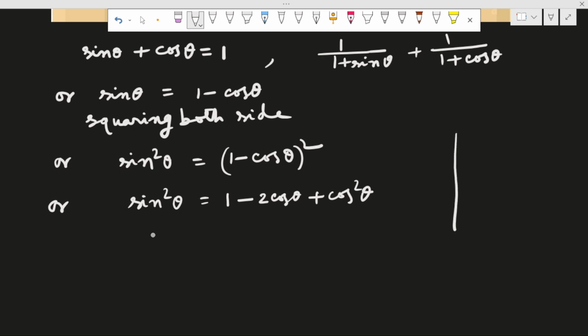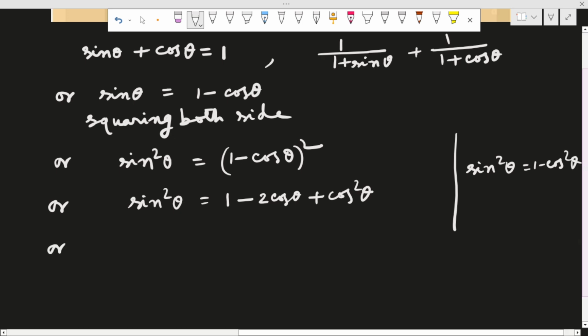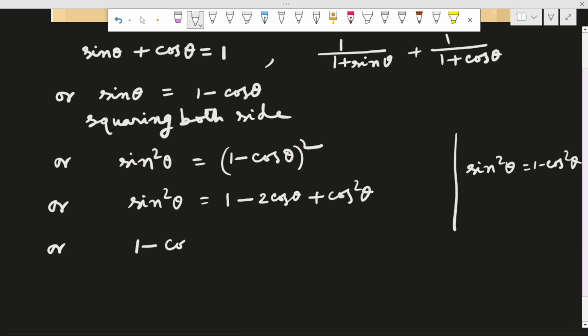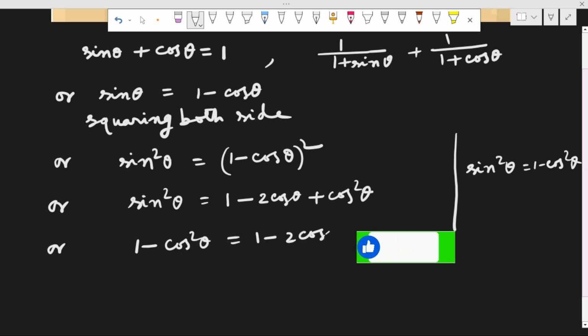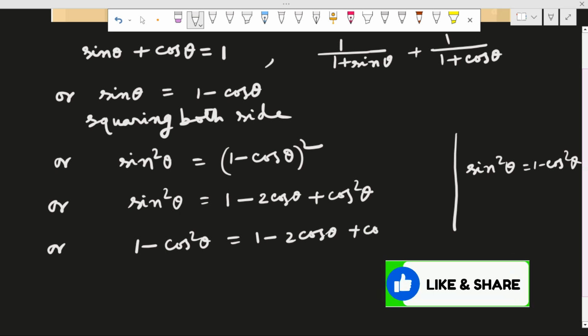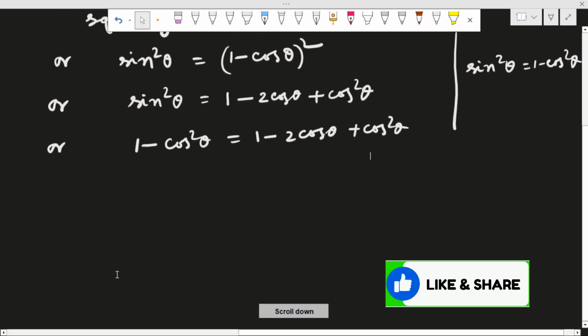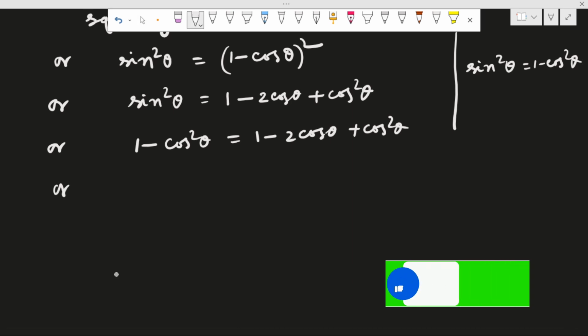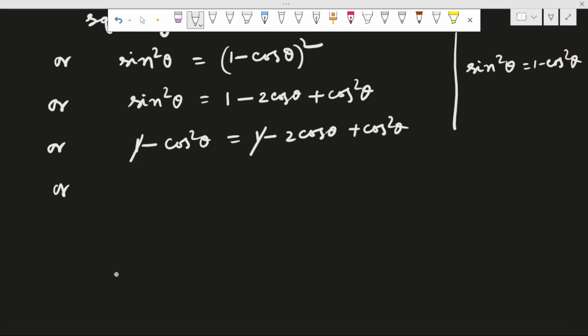So it is better to convert sin square theta is equal to 1 minus cos square theta. So writing sin square theta is equal to 1 minus cos square theta, equal to 1 minus 2 cos theta plus cos square theta, and the 1 we cancel out from both sides.